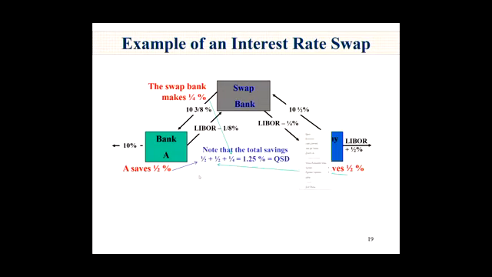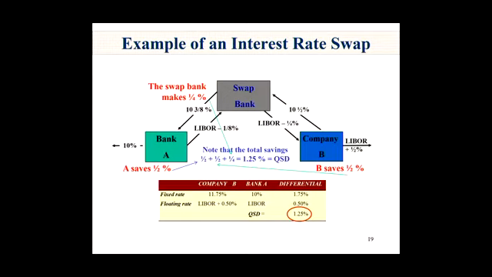So the total savings are 0.5% for Company A, 0.5% for Company B, and 0.25% for the swap bank. So the total saving from this swap is 1.25%, and that's what we call the quality spread differential, the QSD.